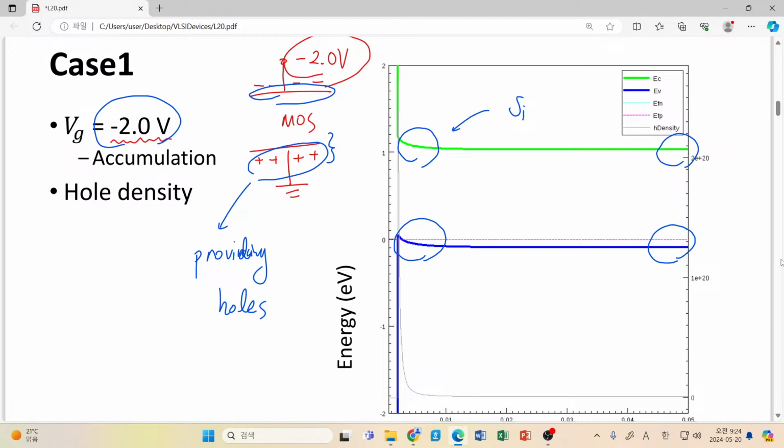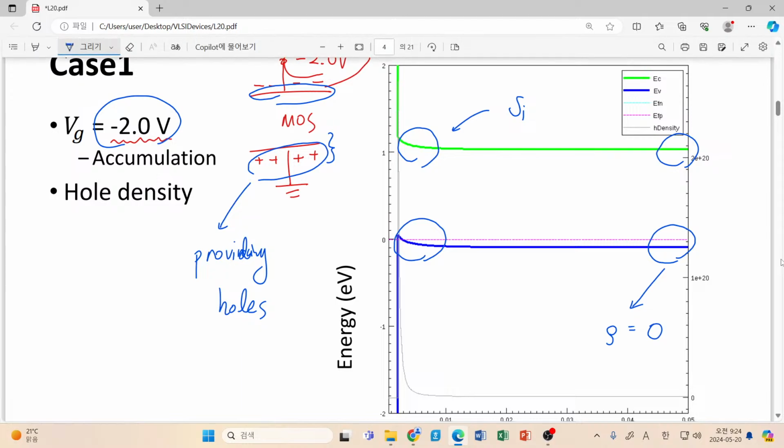So here, if I ask you, please try to estimate the overall net charge density, then what will be your answer? Your answer for this deep substrate should be just neutral. Of course, here we have a lot of holes. How many holes? We will have 10 to the 18 per cubic centimeter holes in this system.